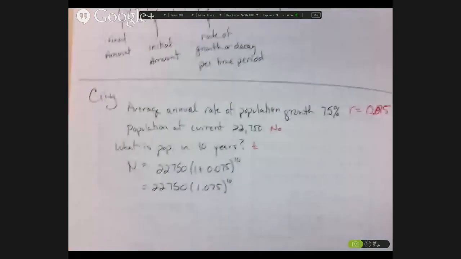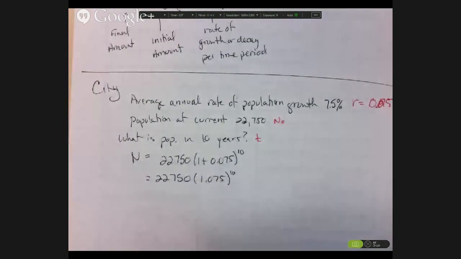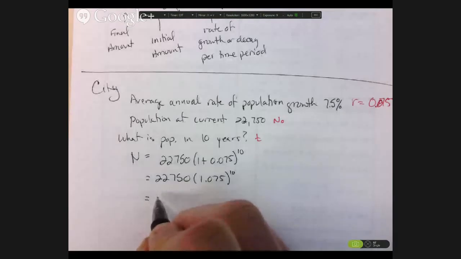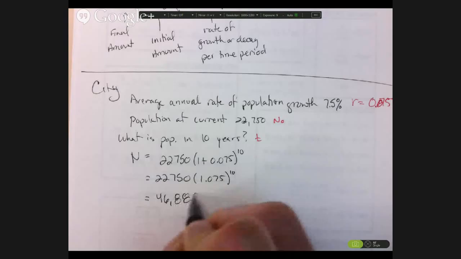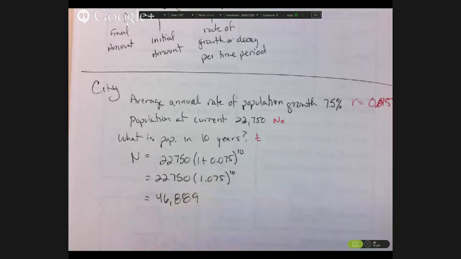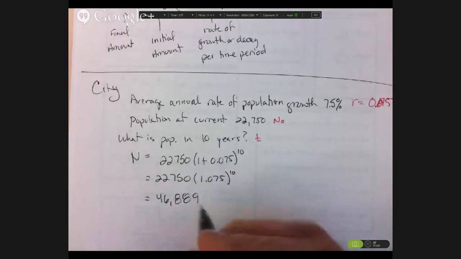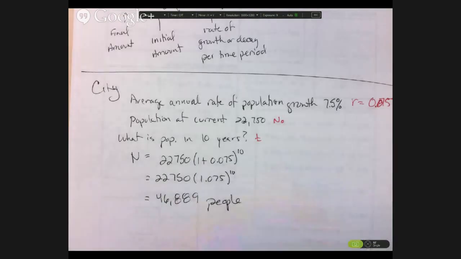Calculator. 46 what? Is that what you said? Yeah. Of course, it's an estimate. We can't have a half person.